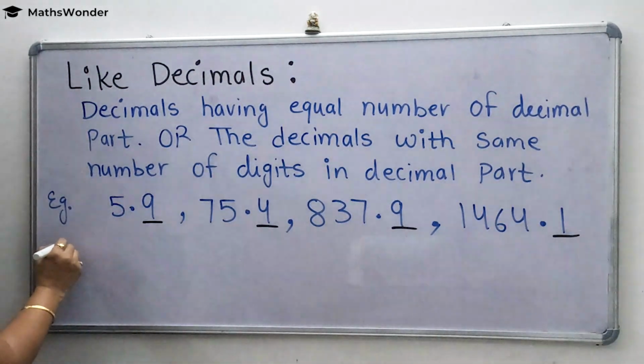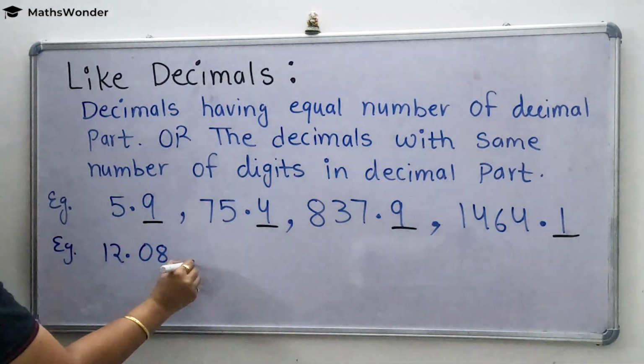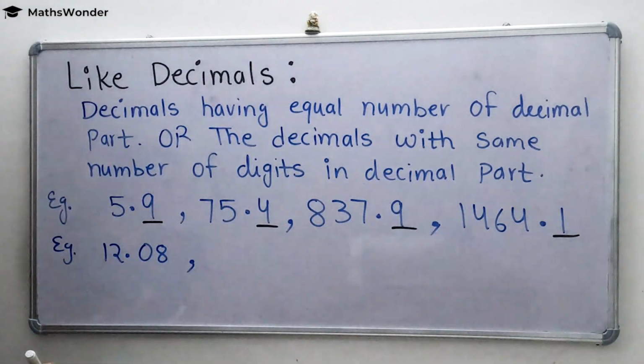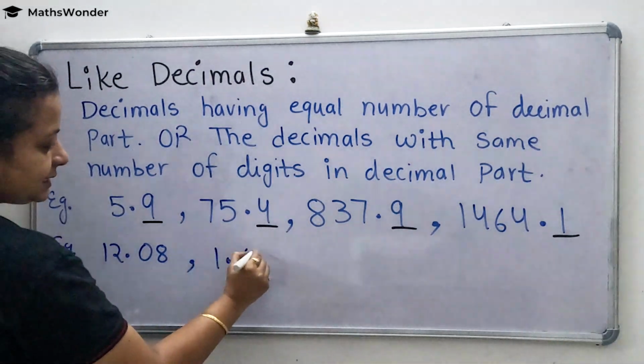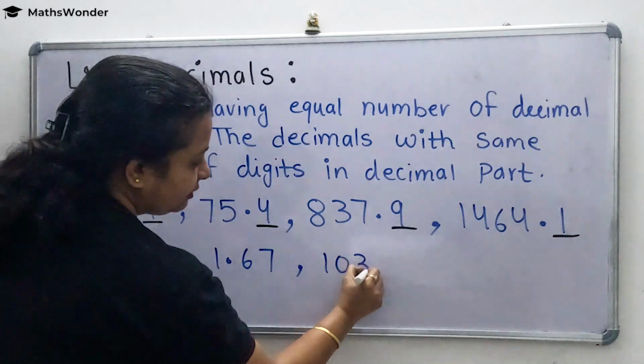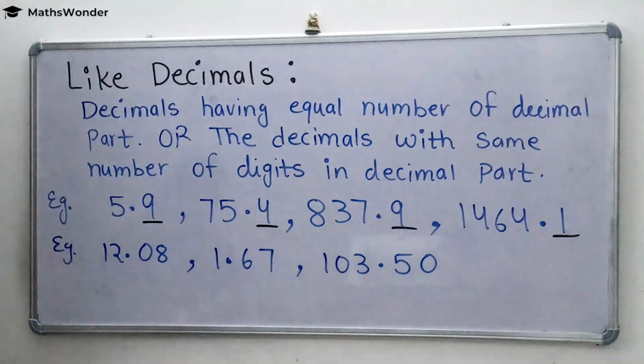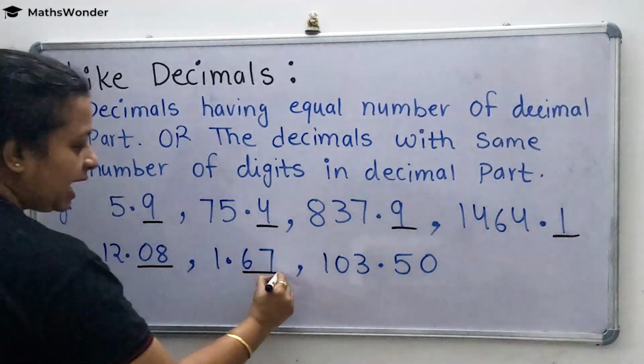Now I am giving one more example. Suppose 12.08, 1.67, 103.50. Now see in this example, how many digits do we have in the decimal part? In all we have 2 digits.